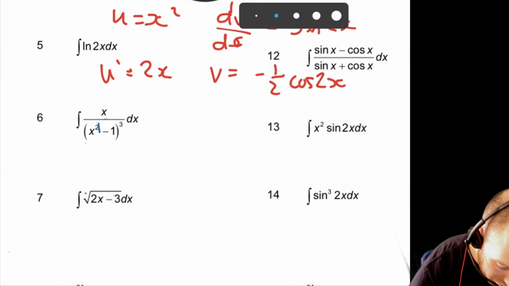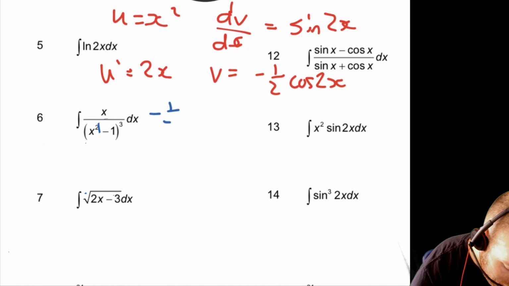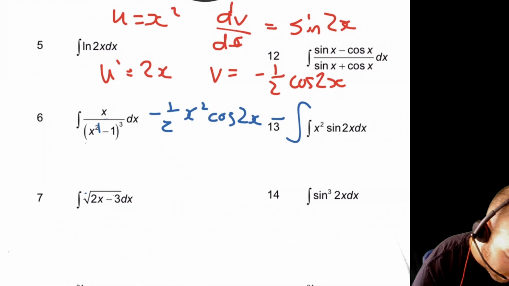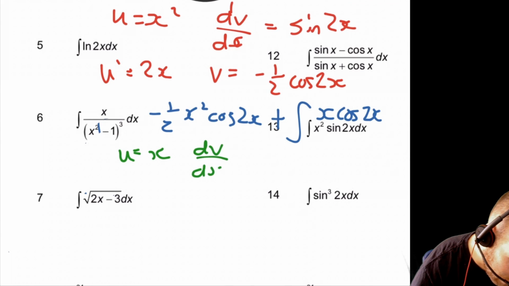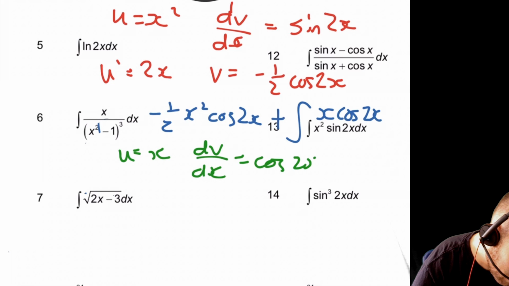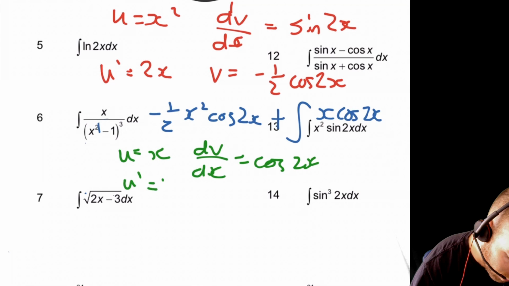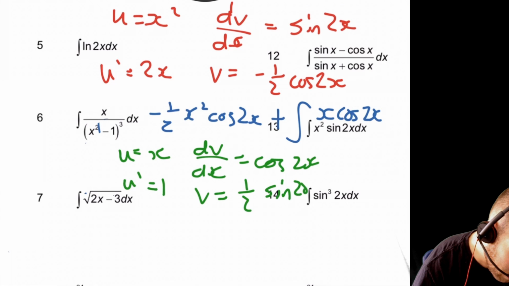So we're going to put it all together. Minus a half x squared cos 2x, so that's uv, minus the integral of v du dx, that's going to be minus, so plus x cos 2x. Okay, so I need to do by parts again, so u is x, dv by dx is cos 2x, u dash is 1, v is half sine 2x.